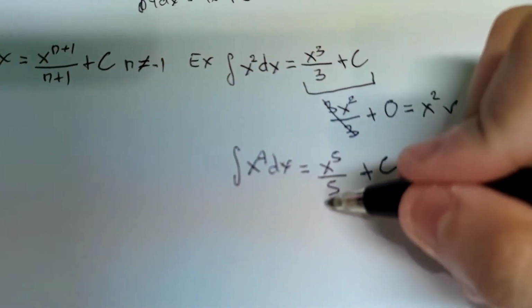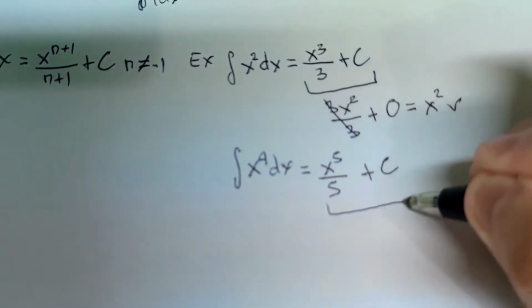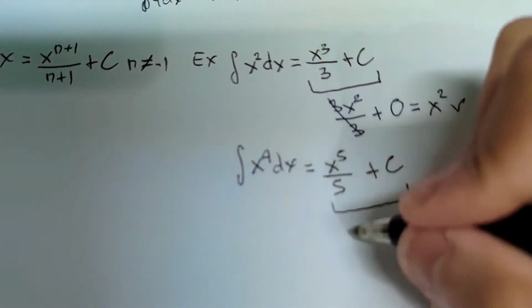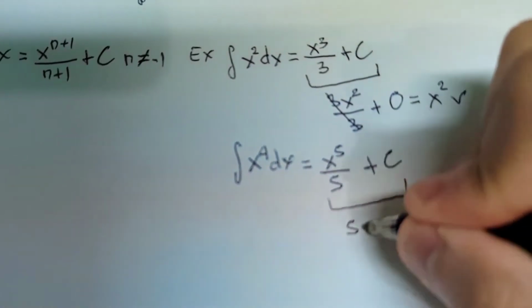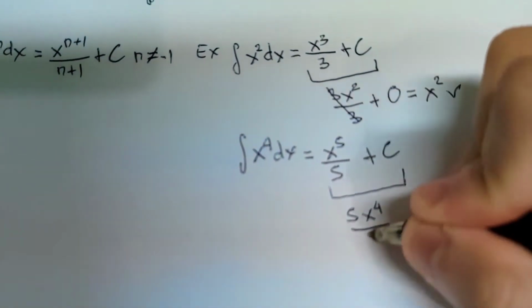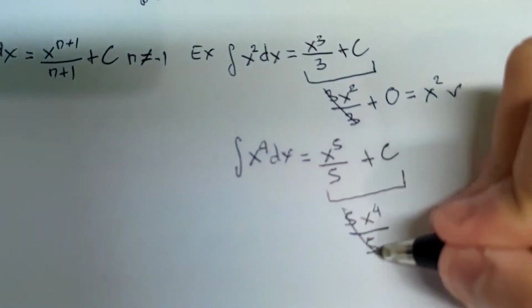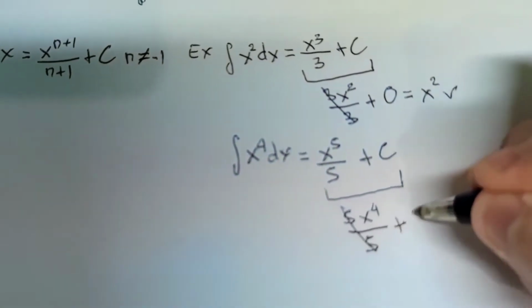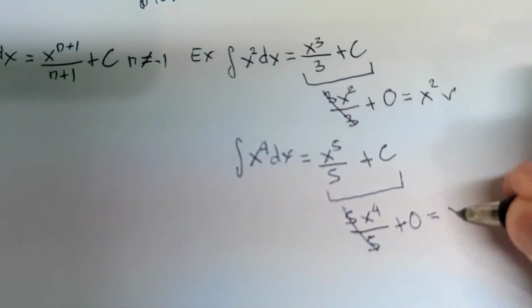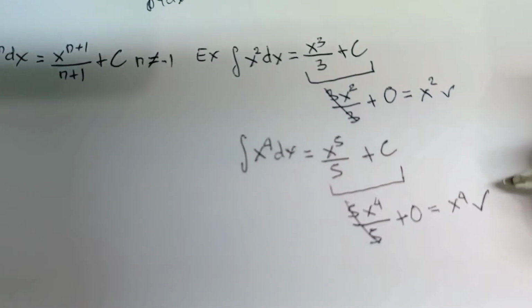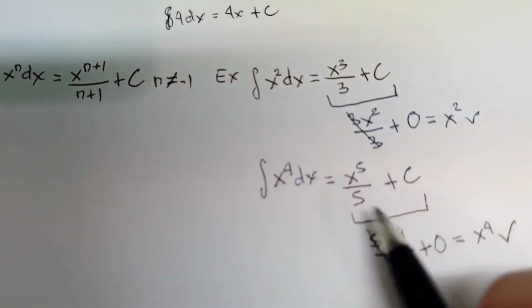And if we check again, the derivative of this will be 5x to the 4 over 5. When we cancel this out, then plus 0, so this is equal to x to the 4. Check our answer.